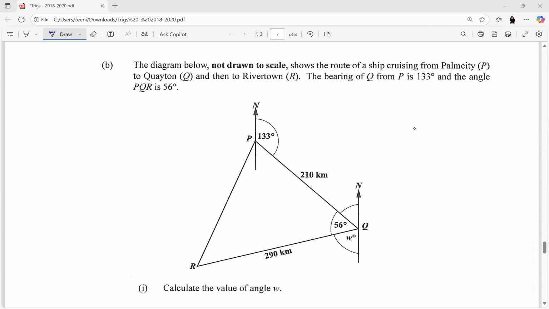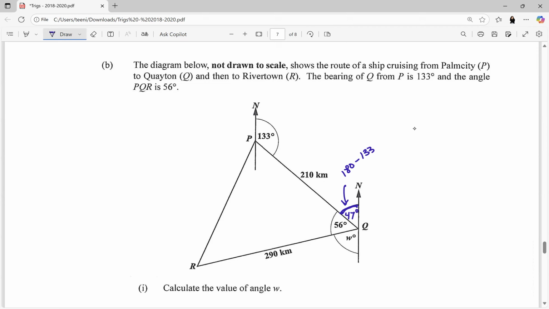So we can find this angle by saying 180 take away 133, which is 47 degrees. So this angle here is 47 degrees, and we got it by saying 180 take away 133.